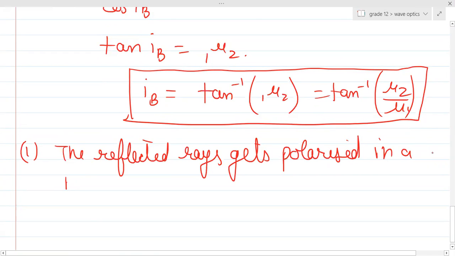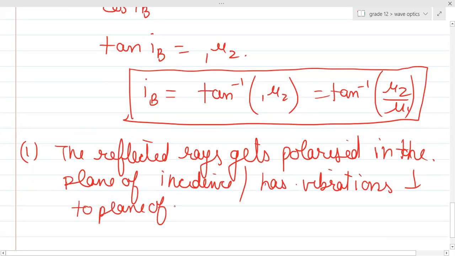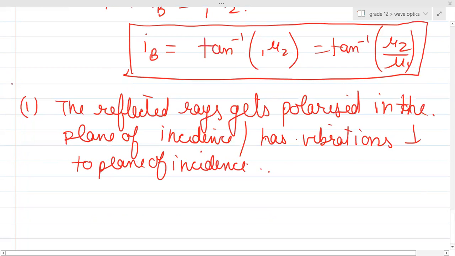You can say it gets polarized in the plane of incidence, or you can write it has vibrations perpendicular to the plane of incidence. Check. First point is this.